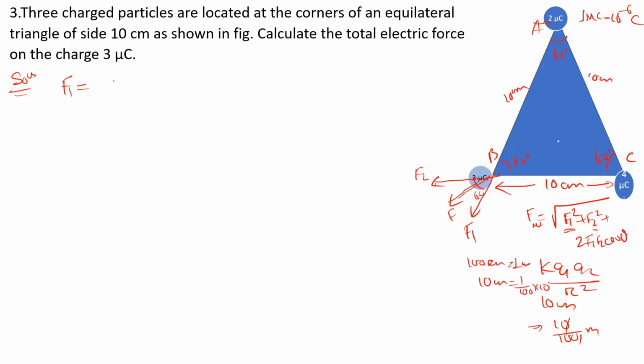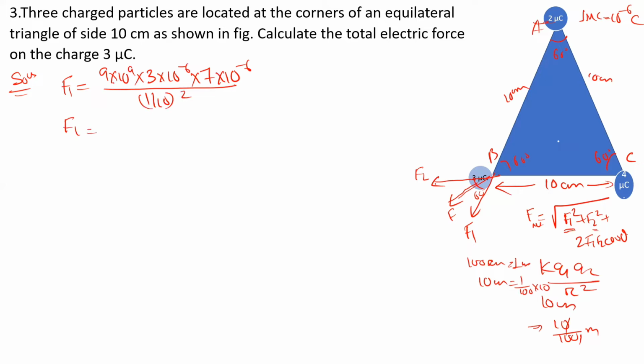When you put in the formula, K is 9 into 10 to the power 9. For 3 microcoulomb, it is 3 into 10 to the power minus 6, and for 2 microcoulomb, it is 2 into 10 to the power minus 6, divided by 1 by 10 whole square.